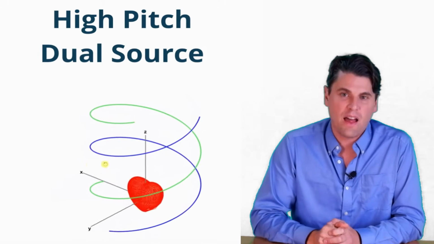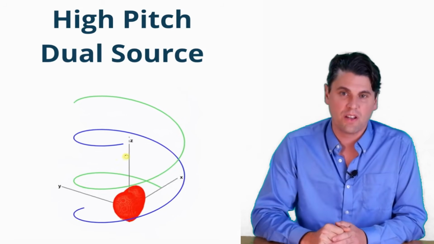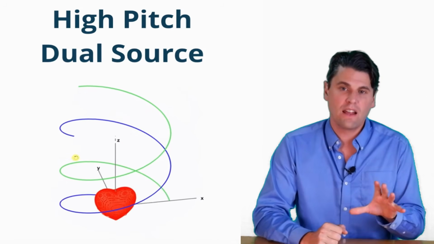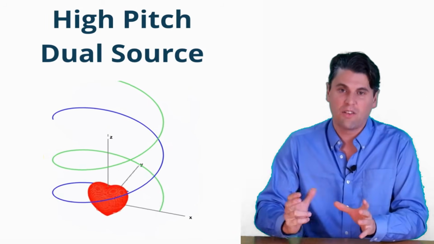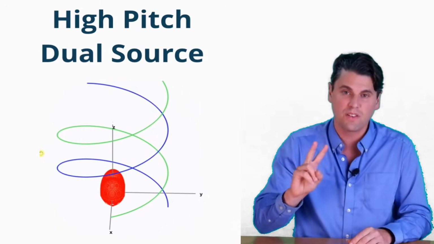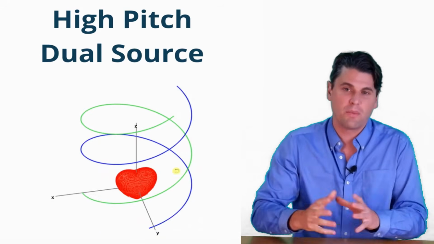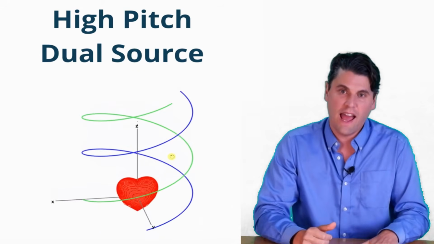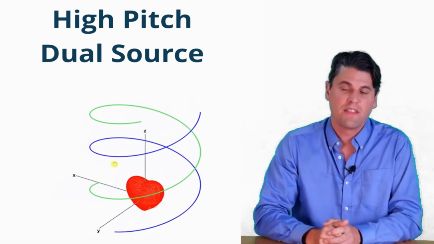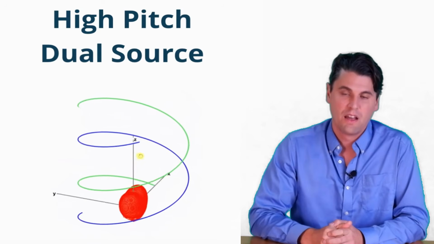And there's a concept on a dual source scanner of a high pitch acquisition. So on the dual source scanner, you actually can think of 2 different helices because there's 2 sources and 2 detectors. So as those 2 different helices travel around the patient, you can actually have a higher pitch than if you just had 1 source and detector combination.